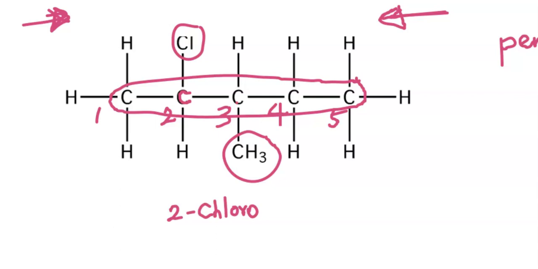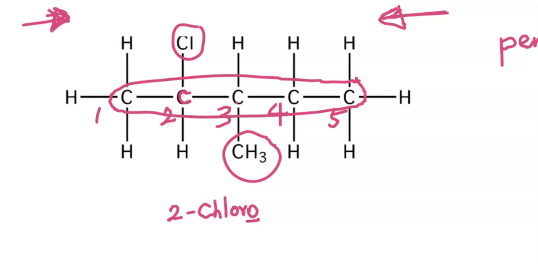As you see, you need to put a dash in between 2 and chloro. Whenever you are naming a halogen, you need to end it with O. That's why I wrote chloro. So I already wrote one of the substituents.